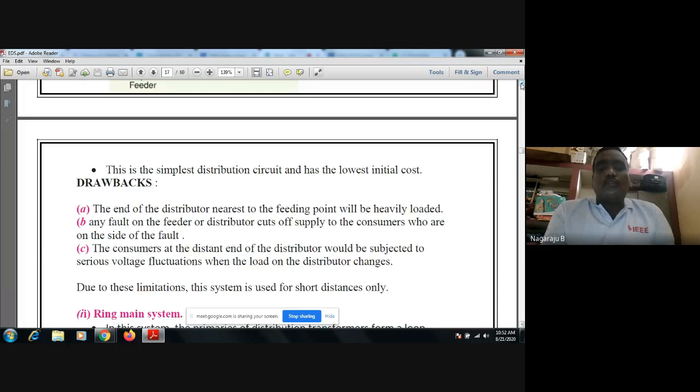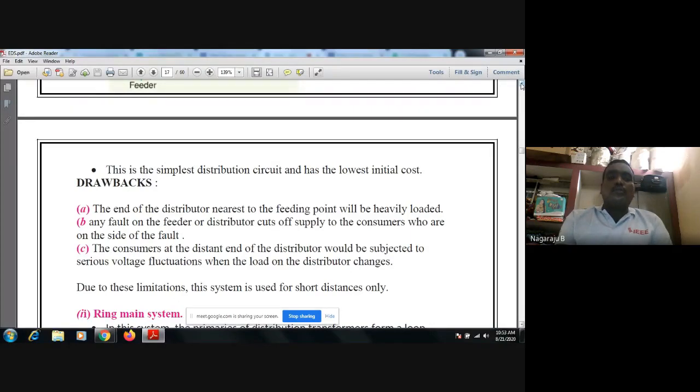Because of these particular issues, if the distance is increased, fault identification may be difficult, and you can have a larger voltage drop throughout this feeder.